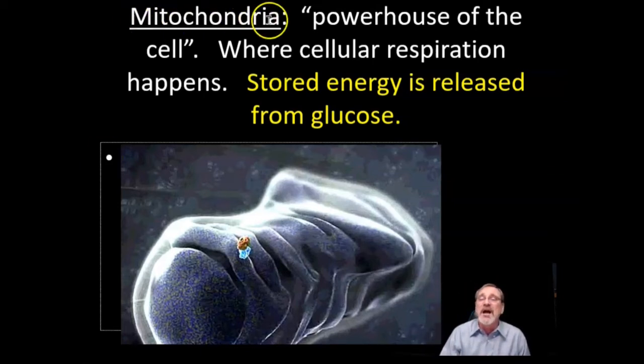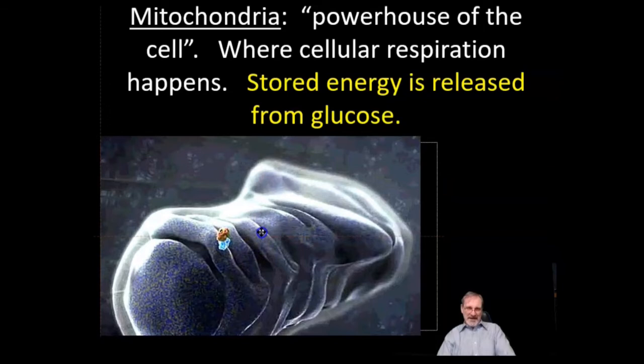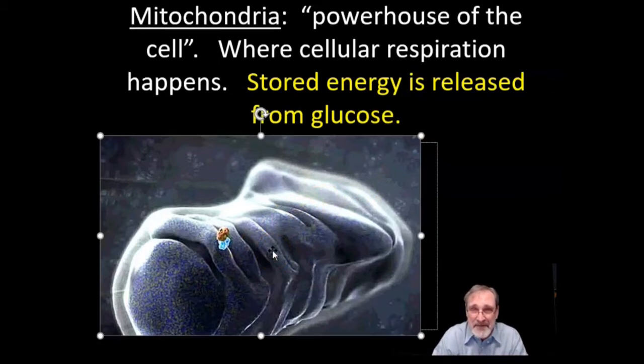Okay, mitochondria. This is an awesome organelle. I love mitochondria. The mighty mitochondria. This is what's called the powerhouse of the cell. So please write that down. Hopefully, in 6th or 7th grade, you learned about something called cellular respiration.